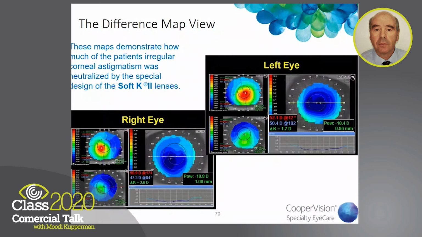One of the nice things to do is to use the differential map view.